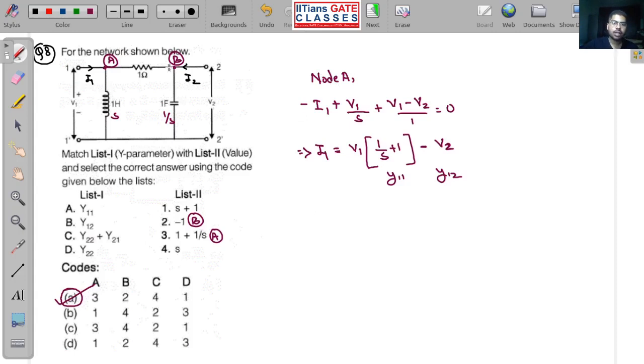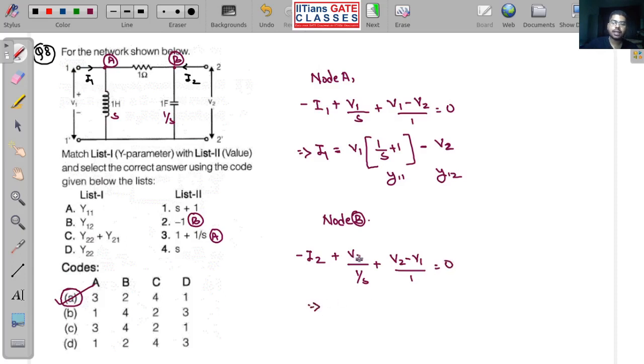Okay. So applying nodal analysis at node B, what it is going to be? Minus I2, as current is going inside the node, minus I2 plus V2 by the impedance of the branch, that is 1 by S, plus V2 minus V1 by 1 equal to 0.